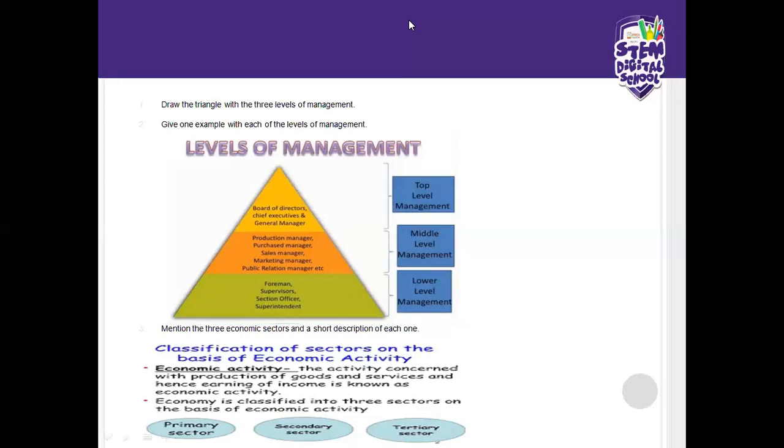If it's the secondary sector, then you should have said something where the product or the item is going to be produced to a final product in the factory. Then you can give yourself a mark there for that description.